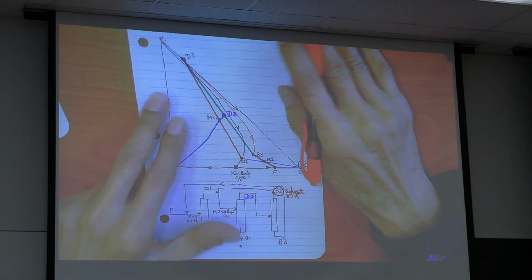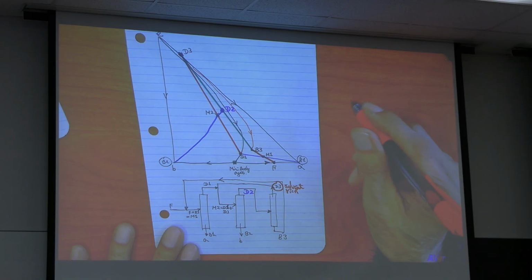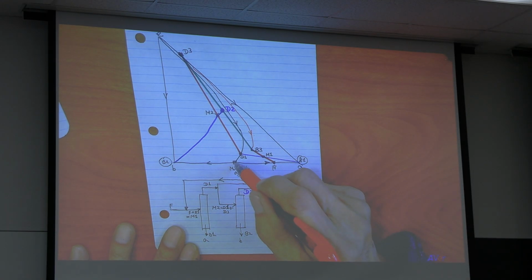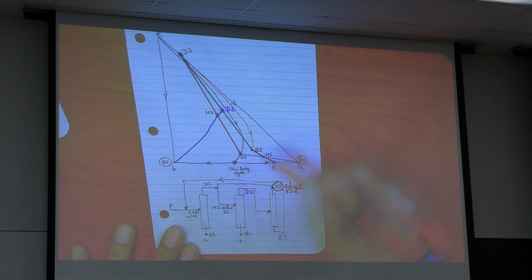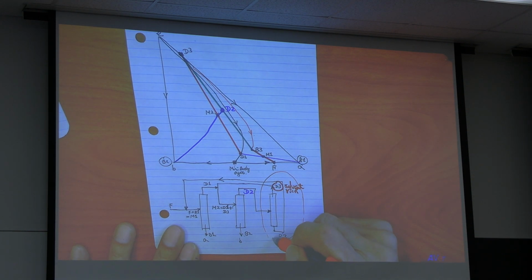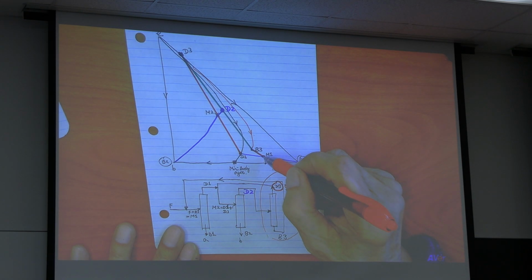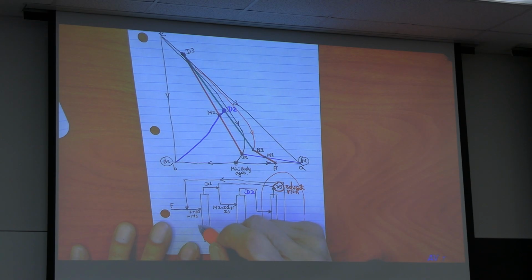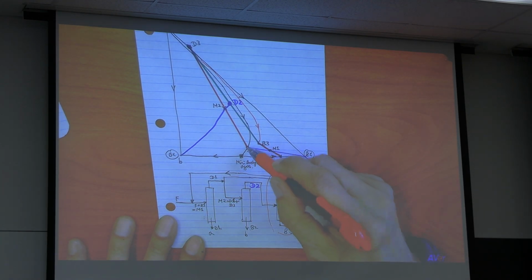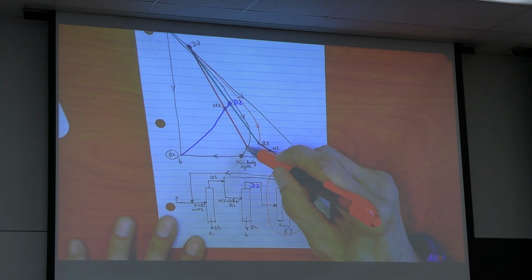To summarize, what it takes: move the feed up to avoid the azeotrope, right? Mix this with solvent to get a mixing point. And this is your first column. Always distill to a distillation boundary.